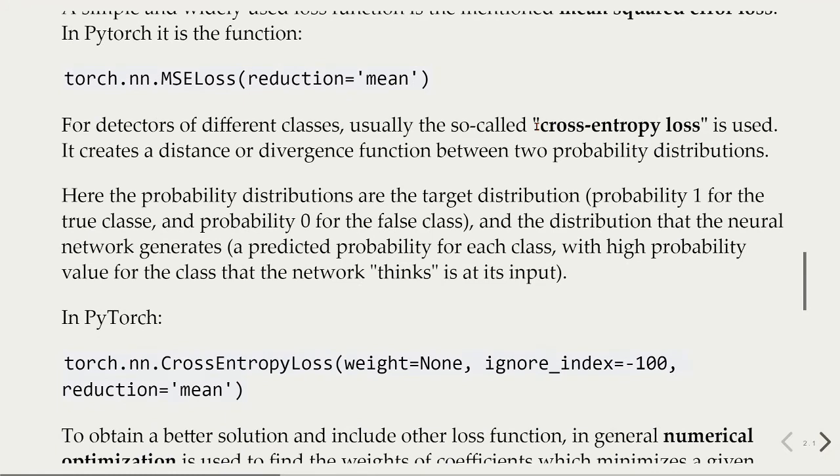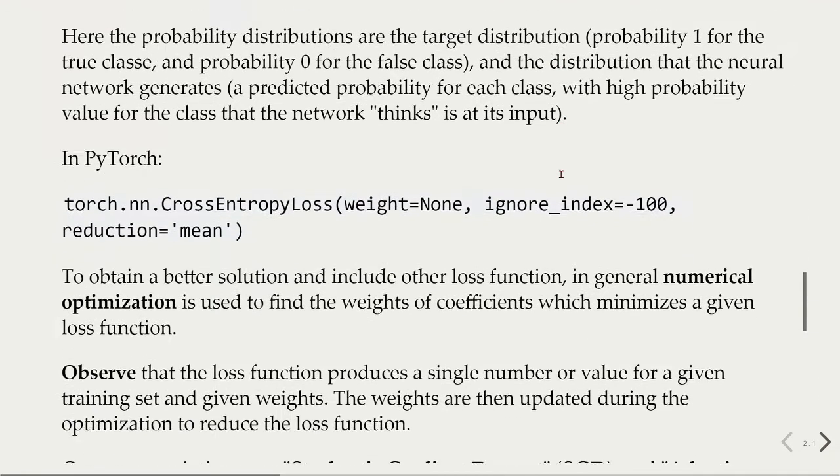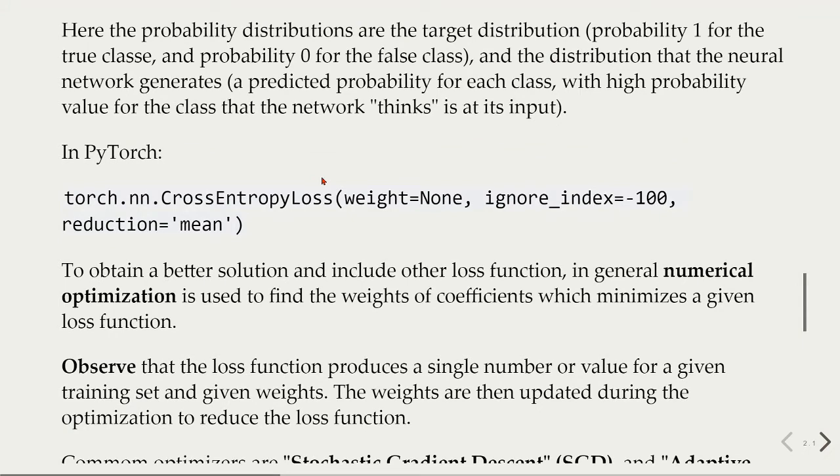Here, the probability distributions are the target distribution, probability 1 for the true class and probability 0 for the false class, and the distribution that the neural network generates, a predicted probability for each class with a high probability value for the class that the network thinks is at its input. In PyTorch, we also have this cross entropy loss, and you can find all the details in the PyTorch documentation.